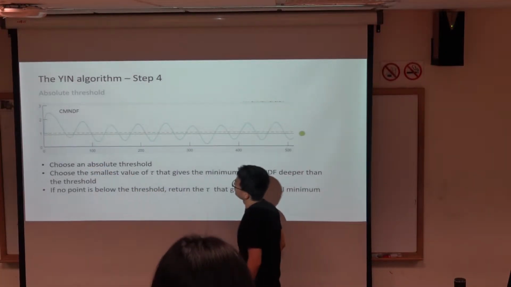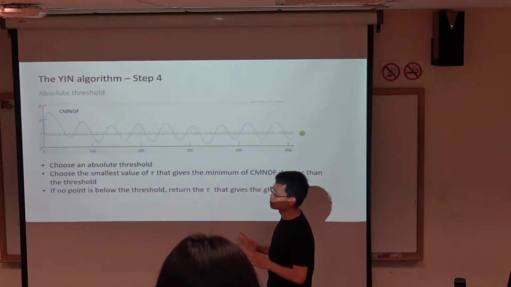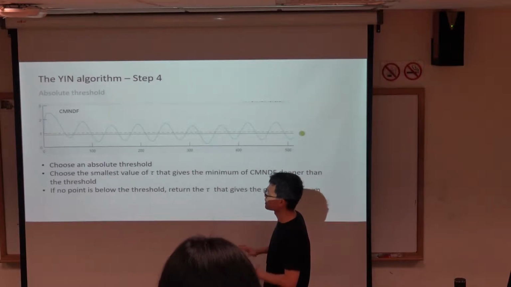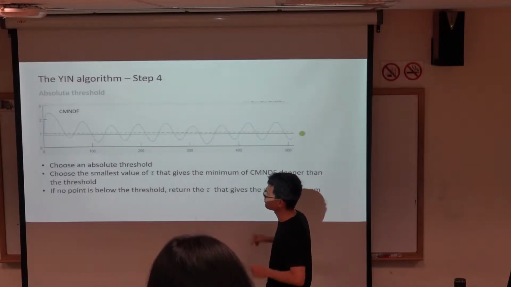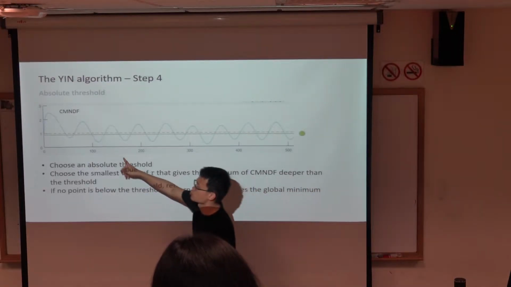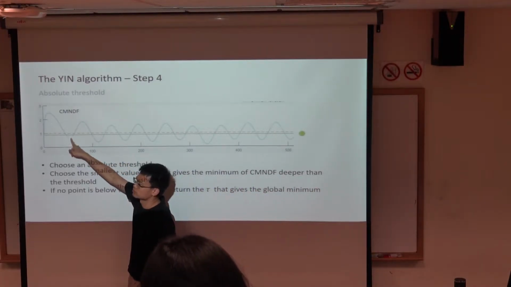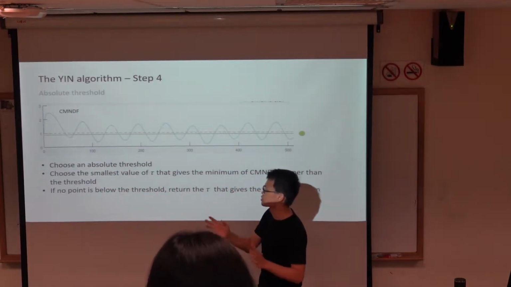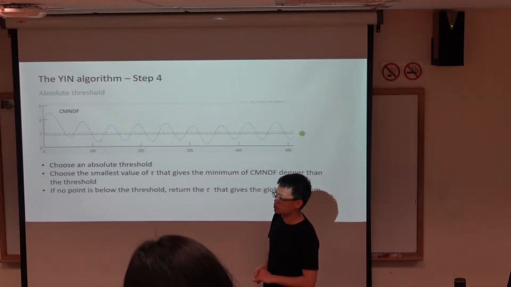So this step kind of eliminates the too low error. I mean, it lets you choose the smaller period, because you're always choosing the first minimum.